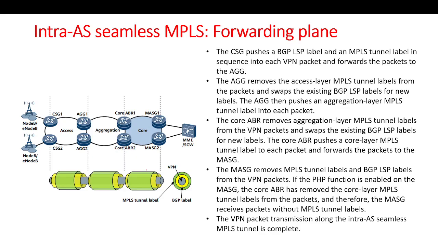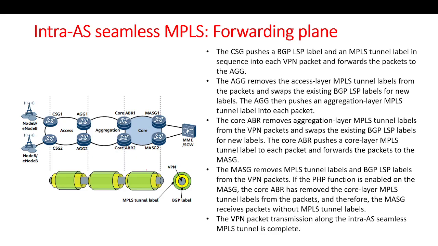So if the service is connecting to the eNodeB and you need the controller to be able to reach it, we need to establish a bidirectional LSP from the CSG to the RSG and also from the RSG to the CSG, and then we'll have an end-to-end forwarding path deployed on the network.